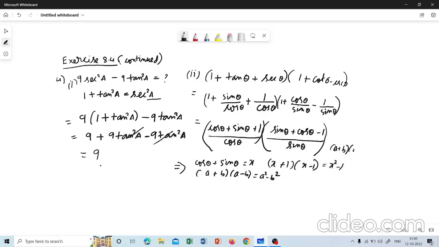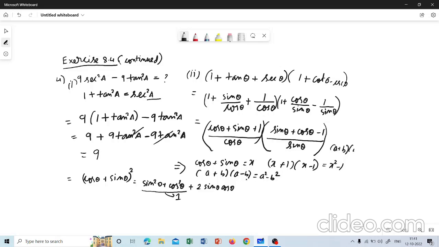So now let's simplify. Cos theta plus sin theta whole square is equivalent to sin square theta plus cos square theta plus 2 into sin theta cos theta. So you know that using the identity, this is 1.